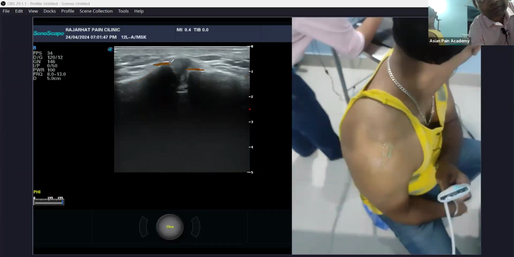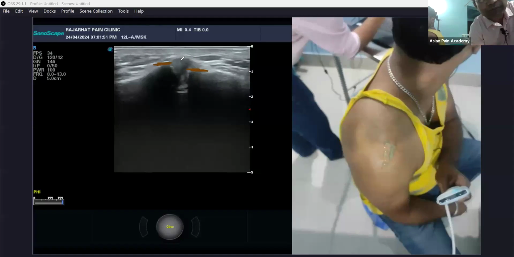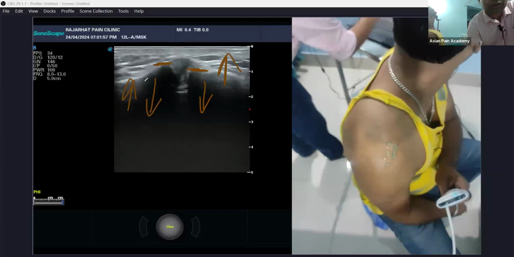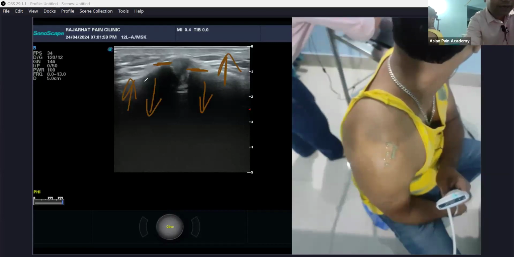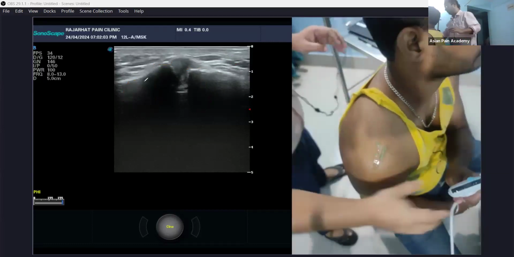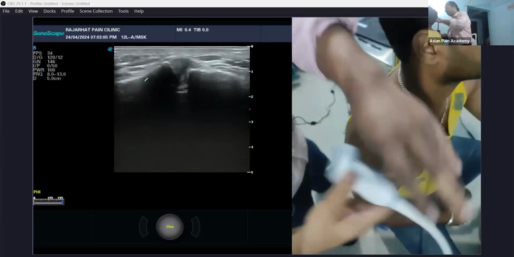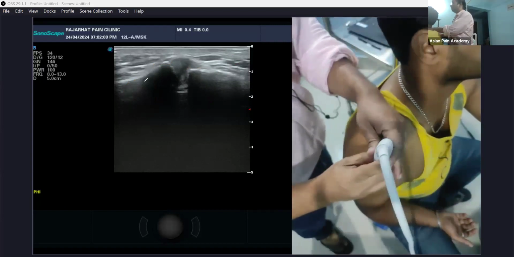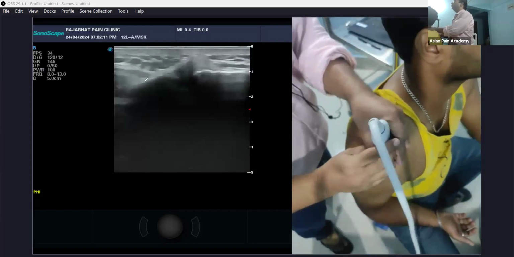Here this is the normal level for him. Whether with movement one goes down or one goes up, that gives an idea that this joint is affected or damaged. So how do we see the movement?